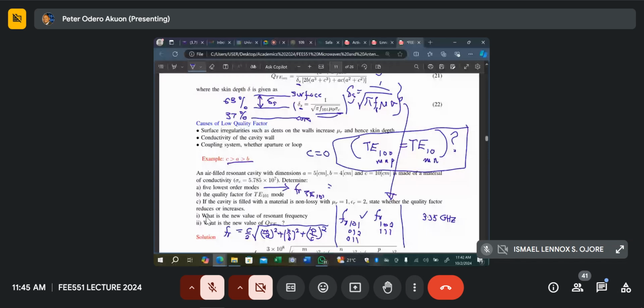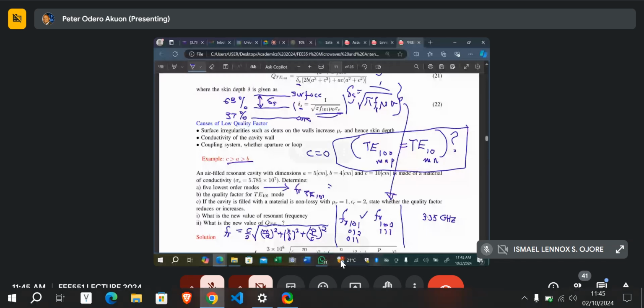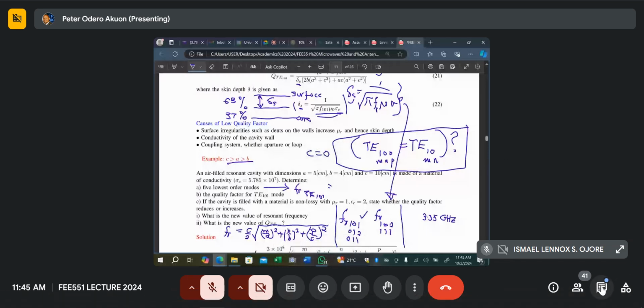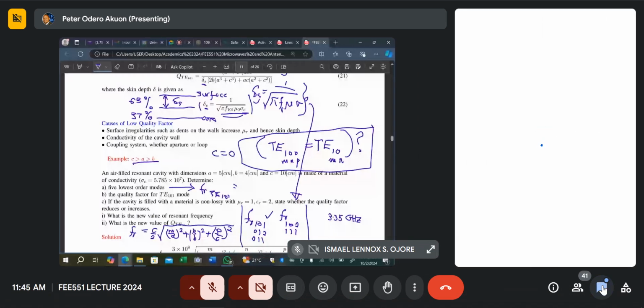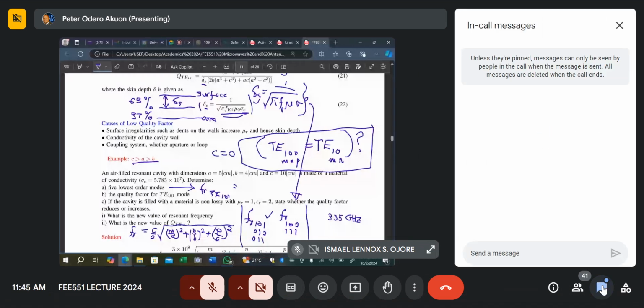So you also get 4.8 gig. Is somebody able to see degenerate modes? Which modes are degenerate? TE012 and TM110. Okay.